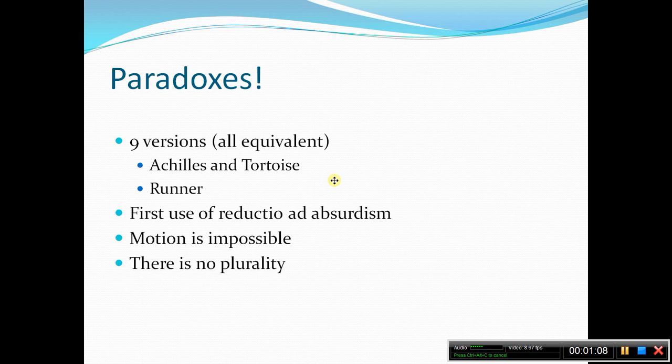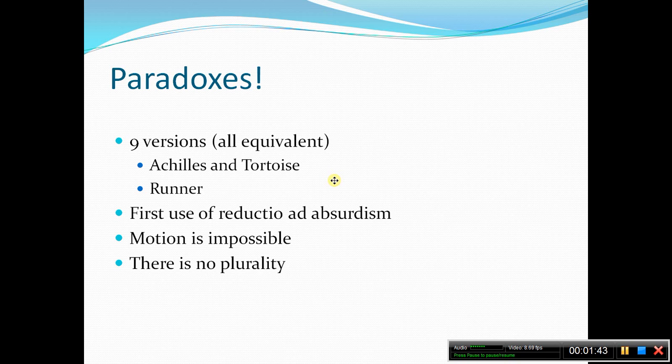So some notable things about Zeno's paradoxes. Well, first, let me explain some background. Then we'll talk exactly what they are. What's very important about this, and why we still talk about it today, is it was the first use of reductio ad absurdum, which is a logical tool in which you have someone assent to premises that they agree to and show that through logical deduction there is a contradiction.